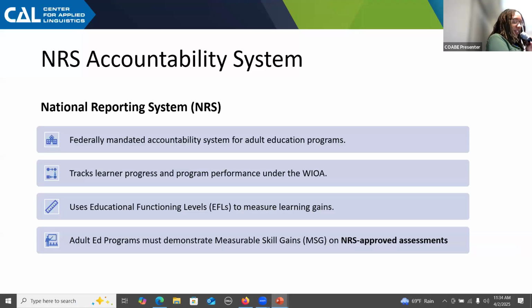The NRS EFLs are used to measure skill gains on NRS-approved assessments. All federally funded programs must show measurable skill gains, or MSGs, with the NRS-approved assessments. And these assessments have been designed with adult learners, and only a handful of assessments received this approval. BEST was developed in the 80s and approved in the 80s.